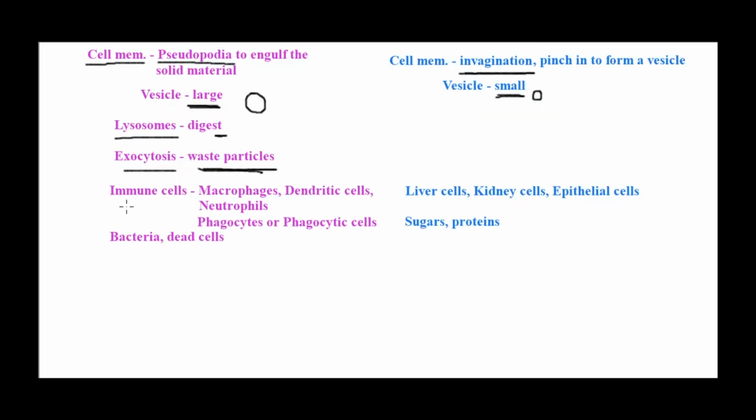So phagocytosis is seen mainly in immune cells like macrophages, dendritic cells, neutrophils, basically the cells that carry out the process of phagocytosis, and thus they are also called phagocytic cells, and they take up bacteria or dead cells. Pinocytosis is mainly seen in liver cells, kidney cells and epithelial cells. So sugar and proteins are the molecules that can be taken up by the process of pinocytosis.